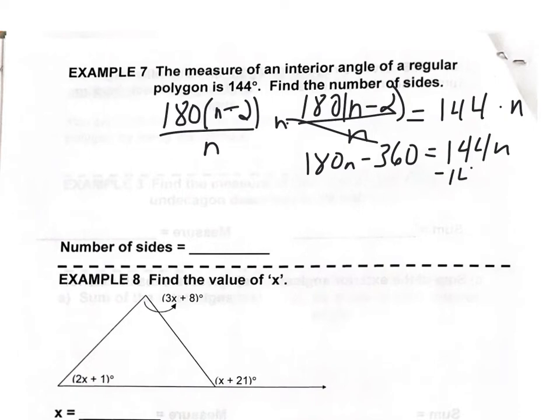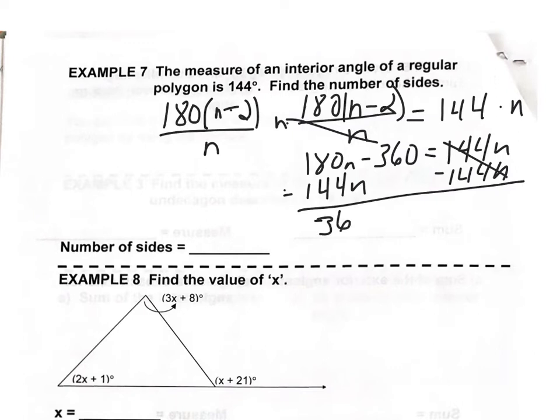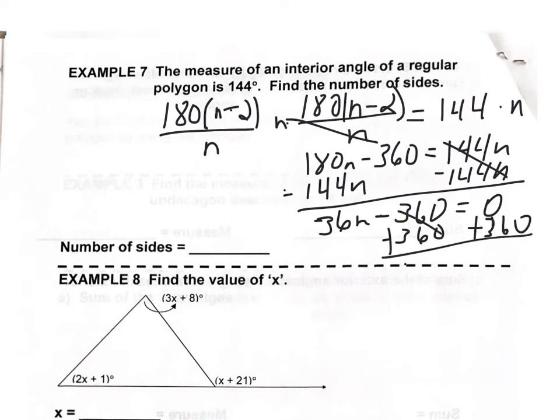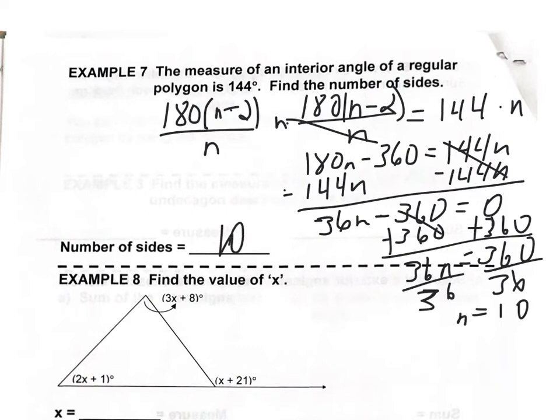Subtract 144n, so we have 36n minus 360 equals 0. Add 360, so 36n equals 360. Divide by 36. So n equals 10. So it has 10 sides.